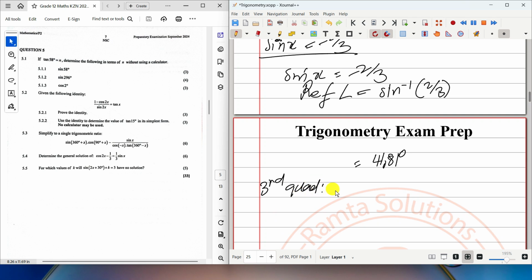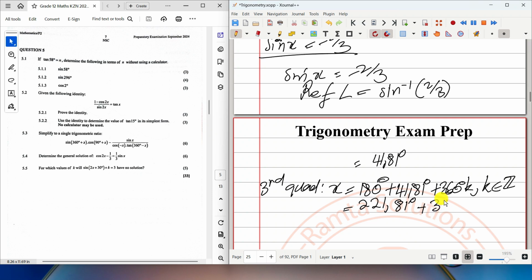And remember, in the third quadrant, we work with the reduction formula 180 plus the reference angle, right? 180 plus the reference angle plus 360 degrees K, where K is an element of the integers. So this is 221.81 degrees plus 360 degrees K.